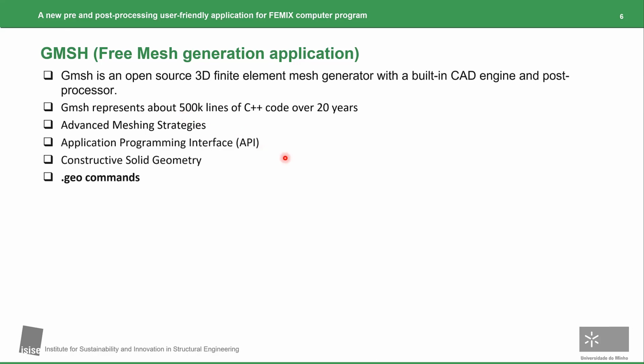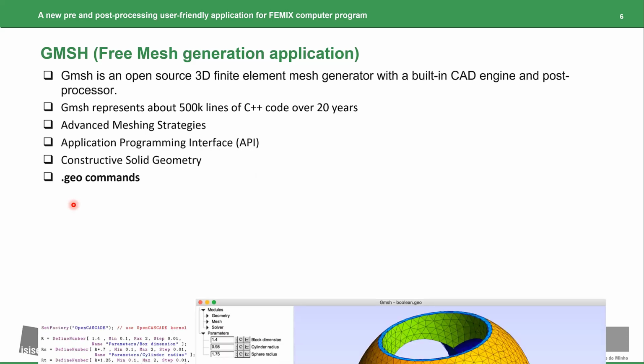Gmsh has more than 500,000 lines of code, which means that it is very powerful, and it supports advanced meshing strategies. It has an interface that we can use for creating the model and for mesh generation, and it supports commands.